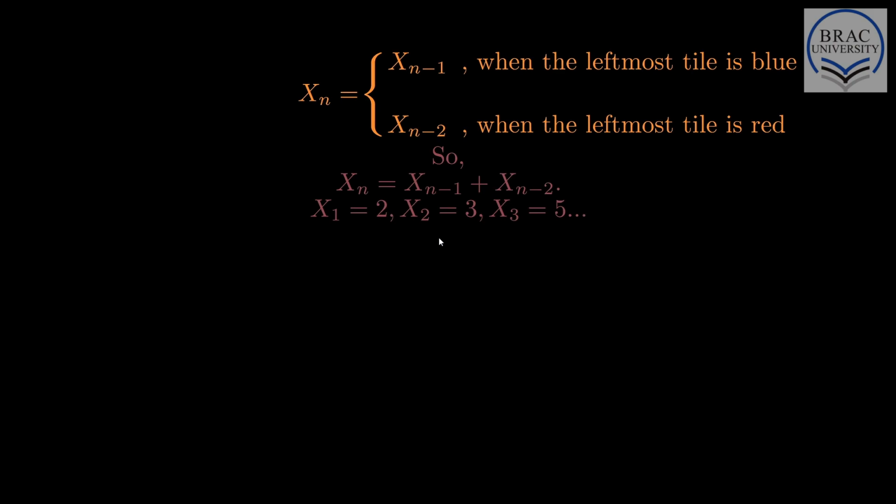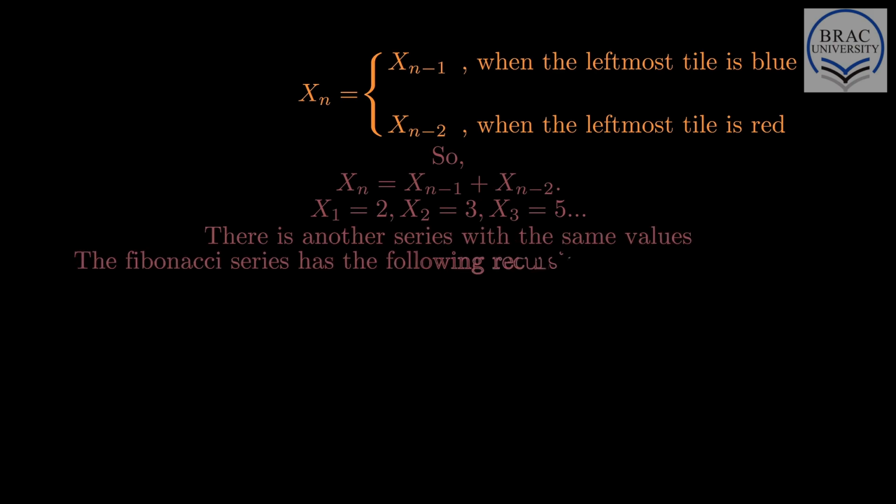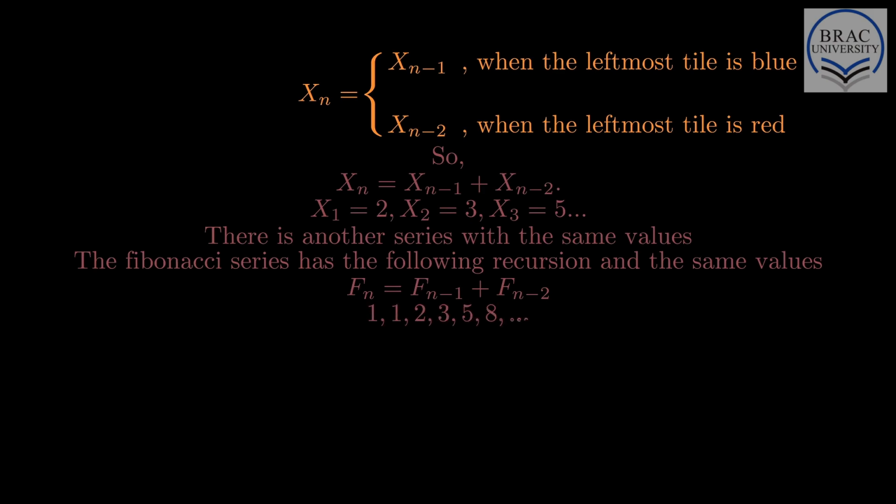Notice that this recursion is very similar to a known, very popular recursion, the Fibonacci series. The Fibonacci series has the same recursion, which is f_n equals f_(n-1) plus f_(n-2), and these are the first few values of the Fibonacci number series.